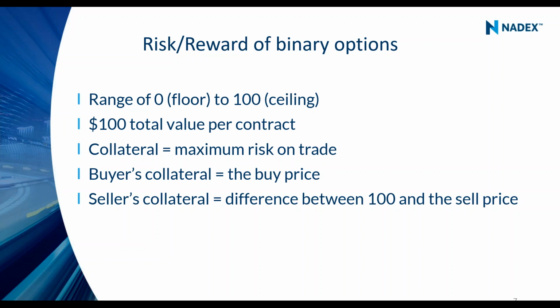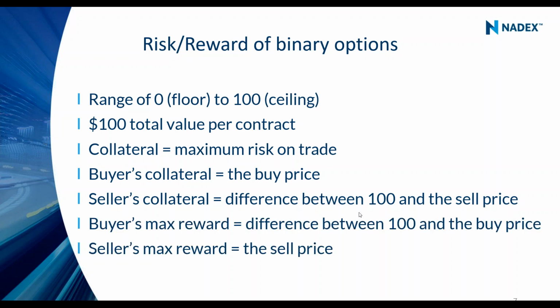Since they sold it to me for 40, they're going to have to put up 60. All right. And so my $40 plus their $60 equals $100. The contract is fully collateralized. Nobody's going to have any out trade risk. I've put up 40 and I could potentially make 60. They've put up 60 because they sold it, but they could potentially make 40.